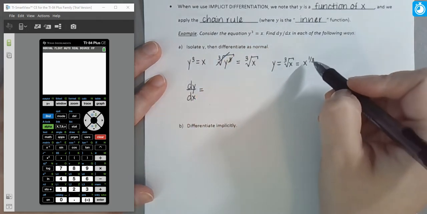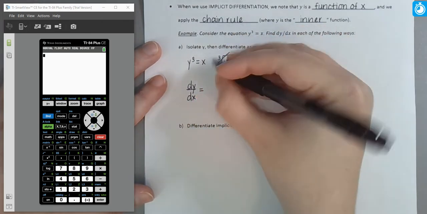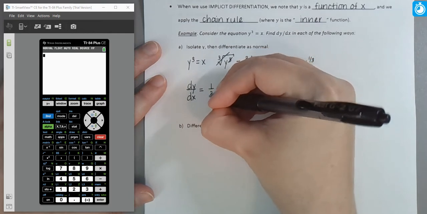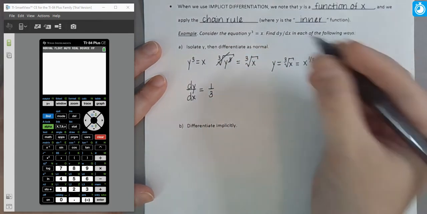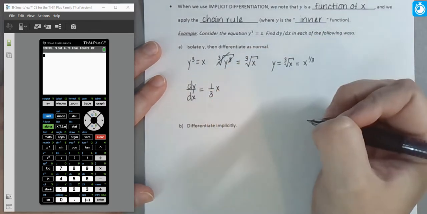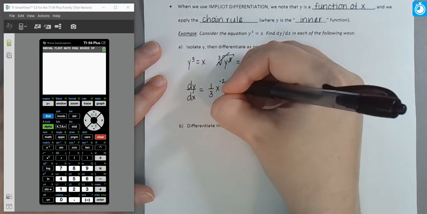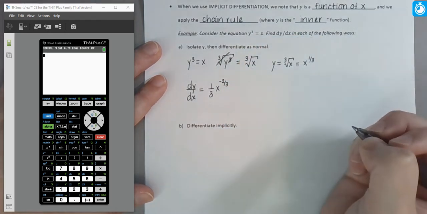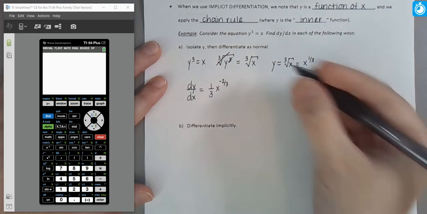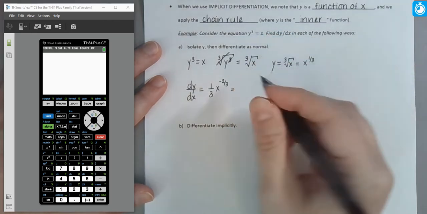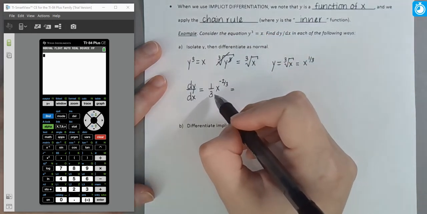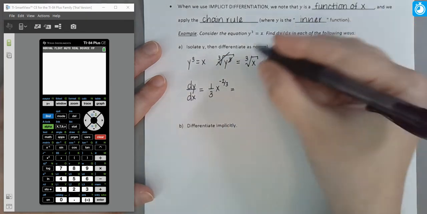So we can use the power rule here. So bring down the 1/3 and then decrease our exponent by 1. So 1/3 minus 1 is going to give us -2/3. And so typically we don't like to leave our answers with negative exponents, which means we're going to take this, move it to the denominator, and then make the exponent positive.